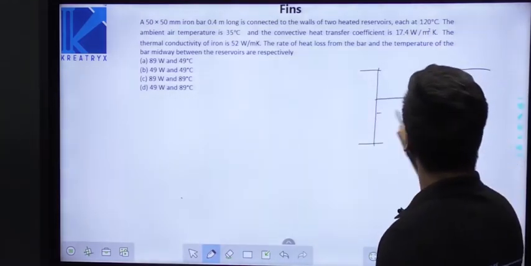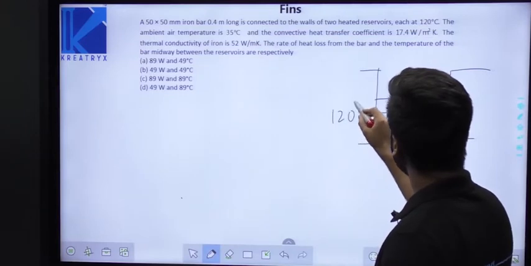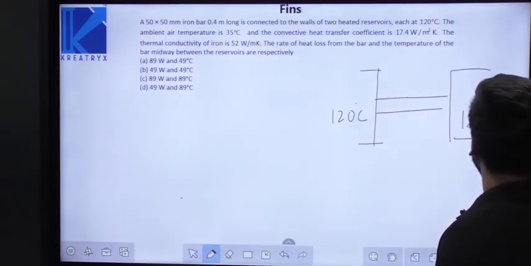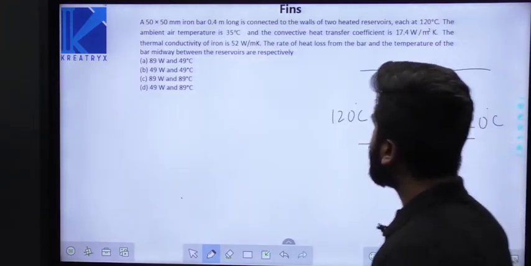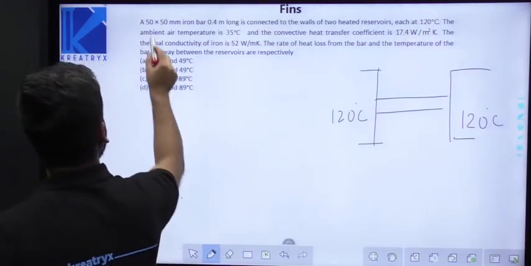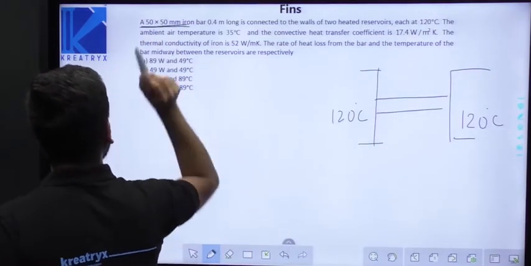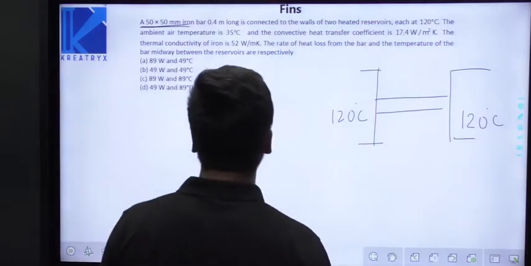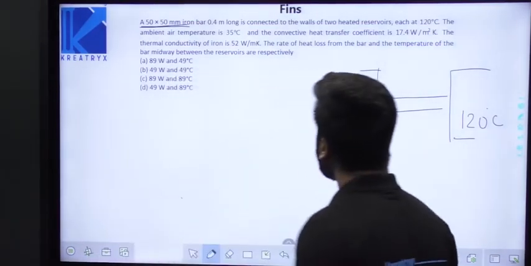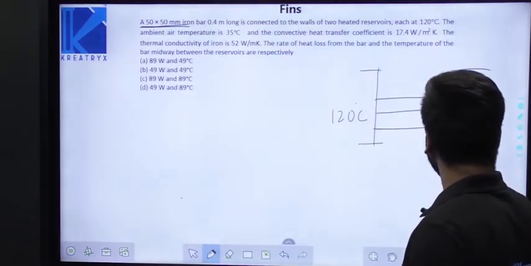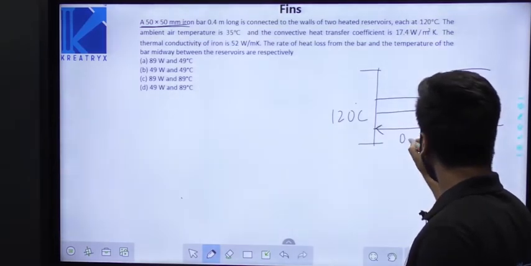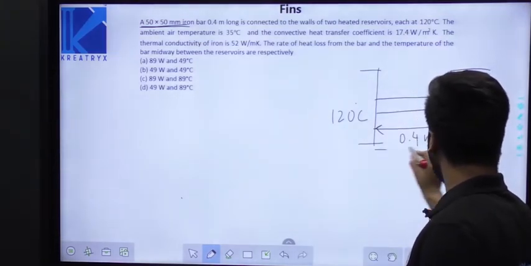So again, the walls are maintained at 120 degrees Celsius, and it is a 50 cross 50 iron bar with square cross section. The length is 0.4 meter long. This total length is 0.4 meter long. The temperature profile will be like this only.